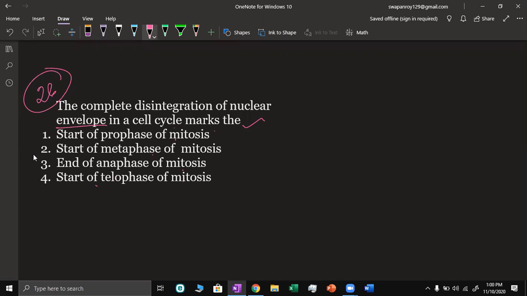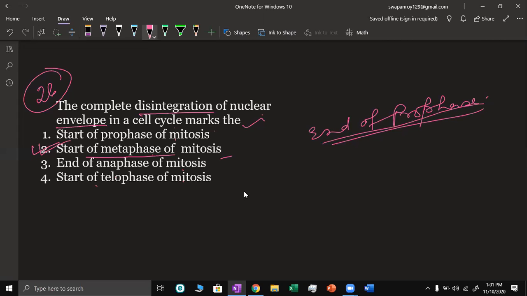The complete disintegration of nuclear envelope is the start of metaphase, or this is the end of prophase. Where prophase ends, metaphase starts. These things in cell division are not abstract events. This is a continuous process.